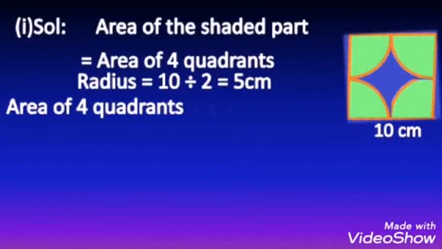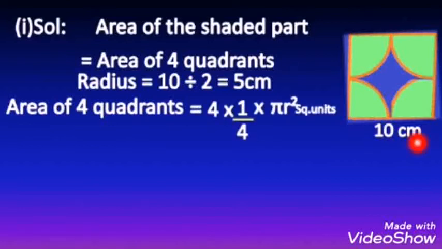So area of the 4 quadrants is equal to 4 into 1 by 4 into pi r square square units. We know the area of a quadrant is 1/4 the area of a circle. So here 4 quadrants are given, so you have to multiply 1/4 area of the circle by 4.